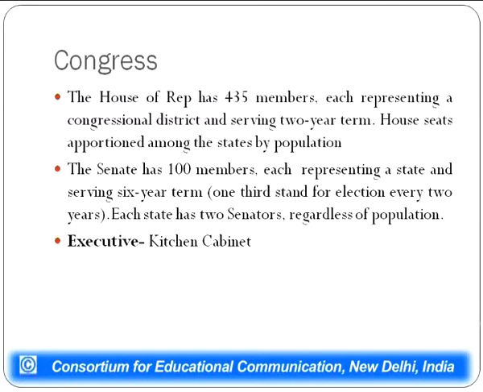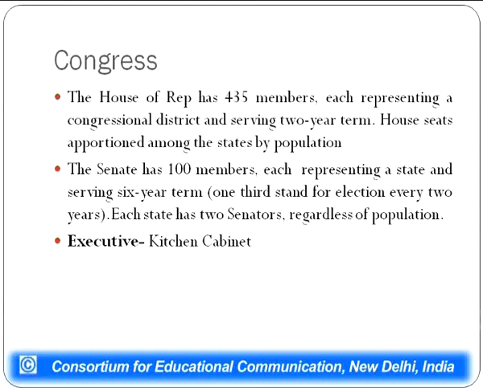Now, if we look at the composition of the Congress, it has two houses, as I told you. The House of Representatives is the popular house, like the Indian Lok Sabha, and it has 435 members. Each member is elected from a congressional district and serves a 2-year term.